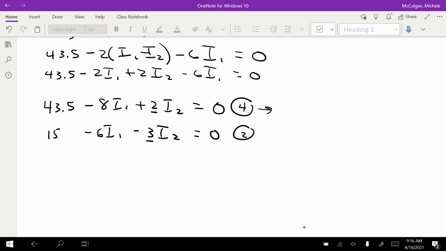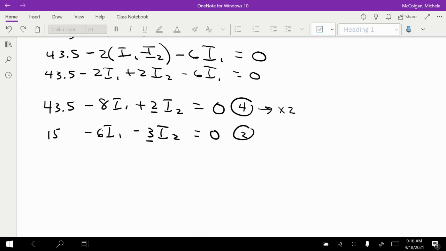So what I'm going to do is multiply this by 2. When I multiply it by 2, I'm going to get 87. So 40 and 40 is 80, and 3.5 and 3.5 is 7. So I'm going to get 87. No, I need to multiply it by 3. Whoops.